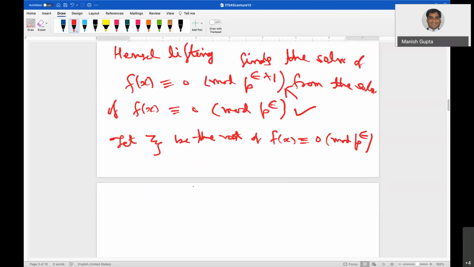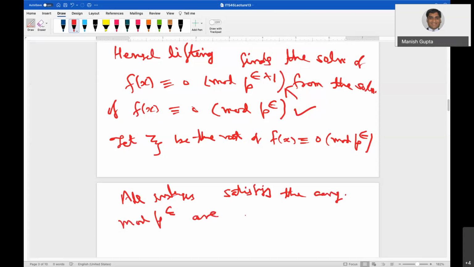So now all integers satisfying the congruence modulo p raised to power epsilon are of the form xi plus k times p raised to power epsilon, where k is an integer. This is correct because xi is a root, right?